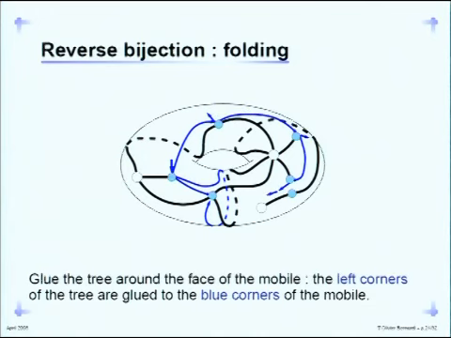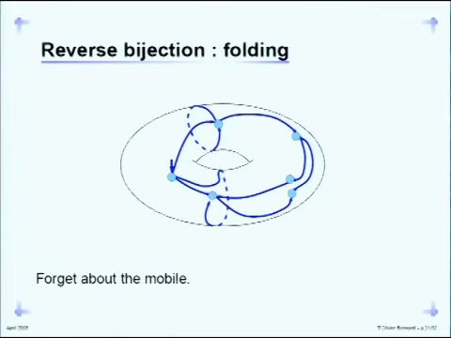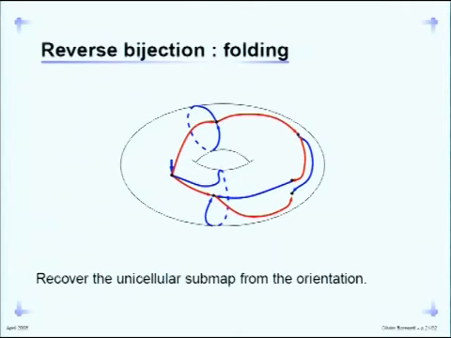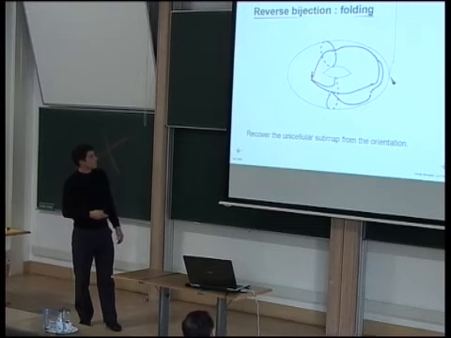I just glue them one by one, and the order is given if I don't want to have any crossings. So there is no choice. So I glued my tree on the mobile. Then I can forget about my mobile. I contract the blue cells, and then I have an oriented map, and from this I recover the spanning submap. Okay. So I hope you are convinced that these things are well defined.